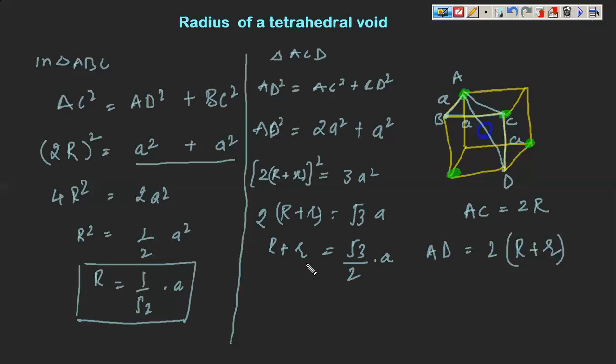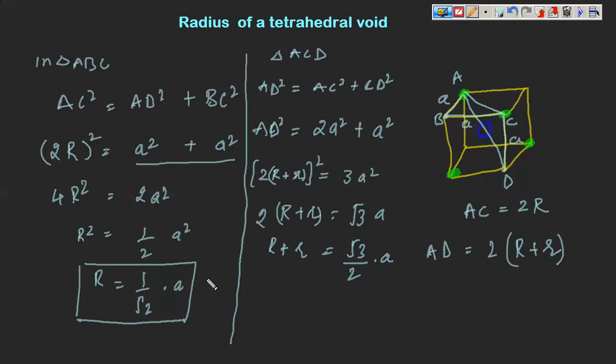Now you have to compare capital R plus small r and capital R again. You can say this is equation number 1 and this is equation number 2. So divide equation 2 by 1.